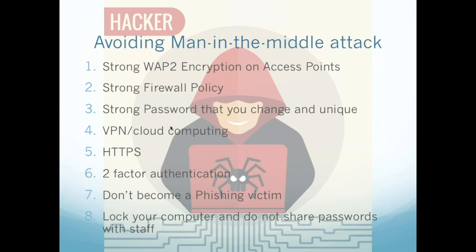If you're logging into Medisoft Cloud or to your bank or to anything important, it will send you a text through your phone to tell you, here's the code, use it. So even if somebody gets to know your username and password, unless they have access to your phone, they're not going to be able to connect. Texting is one of the easiest ways. There's also Google Authenticator and things like that.